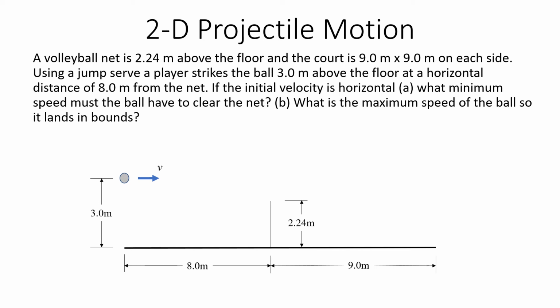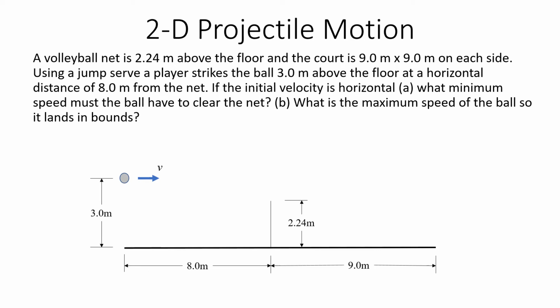All right, here's another example. We're playing volleyball. So we have a volleyball net set at 2.24 meters above the floor, and the court is 9 meters by 9 meters on each side of the net.